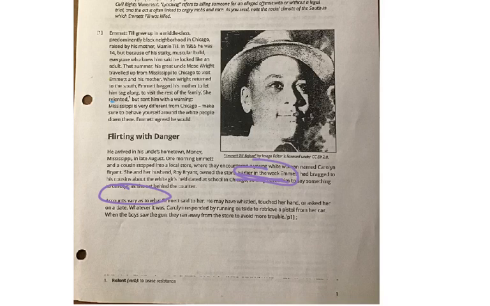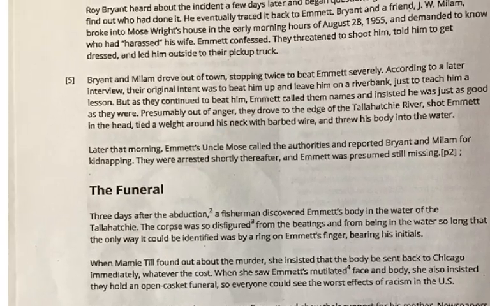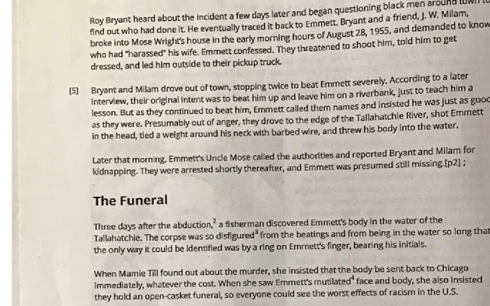These seem to be more like transition kind of phrases. If I turn the page, the word interview lets me know that it's going to be factual. Can you see that right here? I feel like maybe if I zoom in better. The word interview, I would definitely highlight because that would show that it was factual. According to a later, include that. That's another transition.